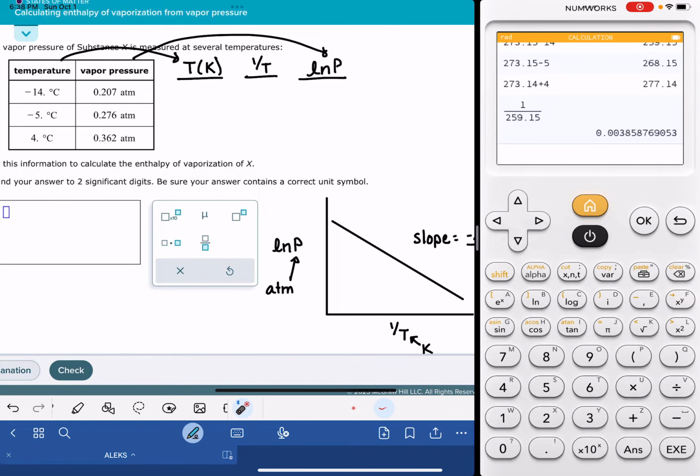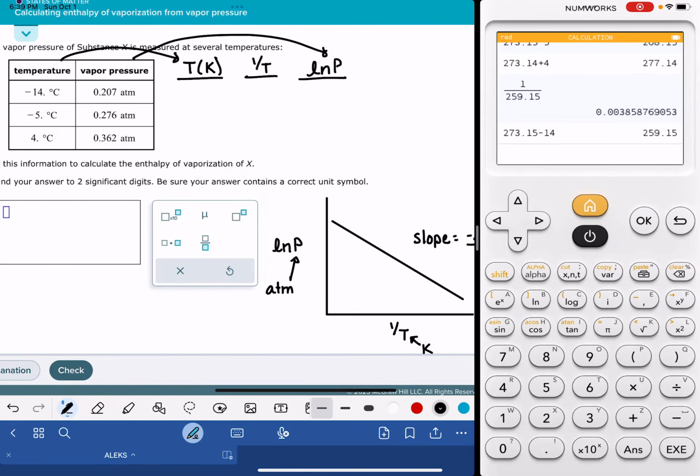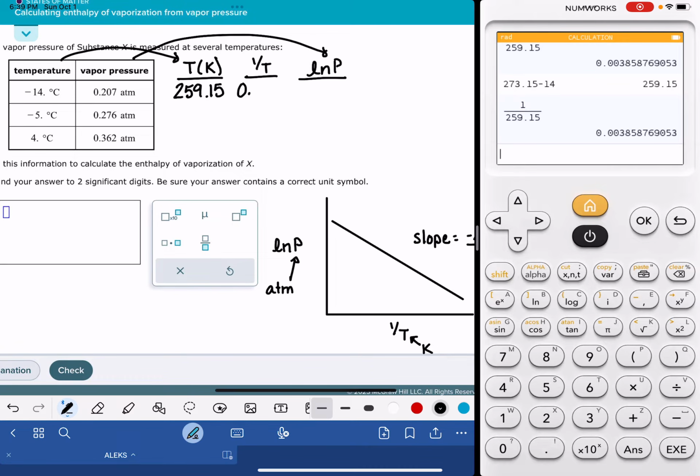So for our temperature, 273.15 minus 14, our first temperature is 259.15, and you don't even need to be writing these numbers down, because the number that we actually need is the 1 over T. So that is 0.00385 9.